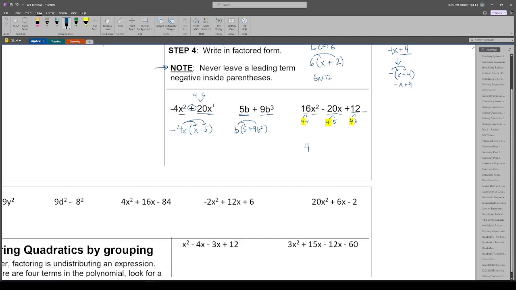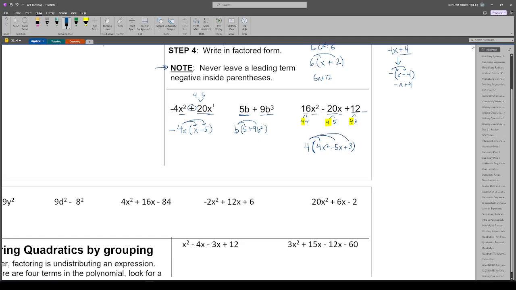My constant doesn't have any x's to take away, so it can't have x as a common factor with the other ones. So 4 is our only GCF here, and we'll be left with 4x squared, then minus 5x, and then plus 3. So now if I redistribute, 16x squared minus 20x plus 12, I get exactly what I wanted.